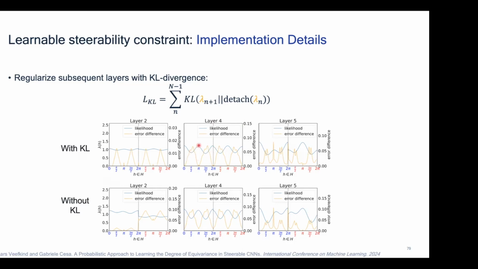So when the likelihood is high, the error is low, and when the likelihood is low, the error is high. This is a fairly constant function, so the error is also always low. The scale is different across plots, but this error is very low. And in the final layer here, we see that, for example, we maintain equivariance only to the identity element, and this represents mirroring plus 180 degree rotations, and that's also the kind of error we measure.